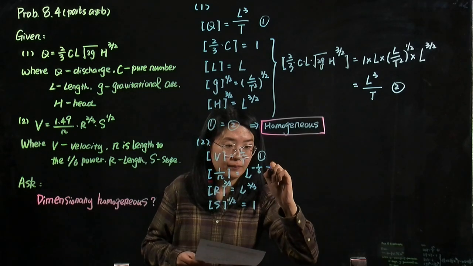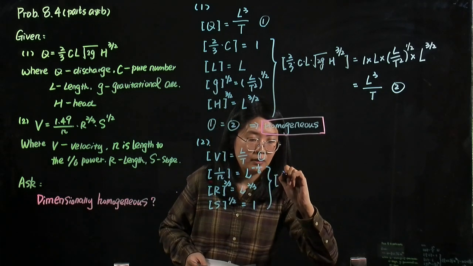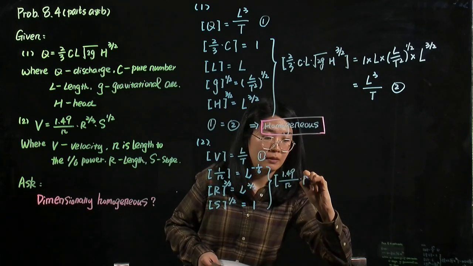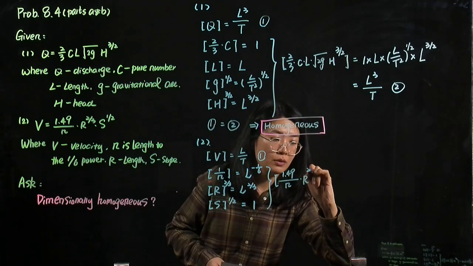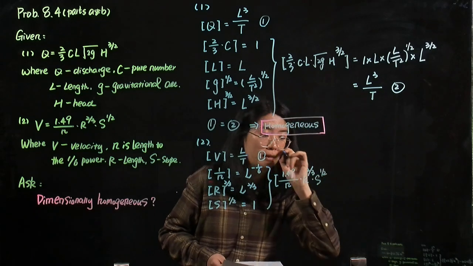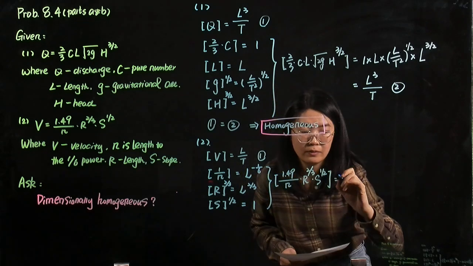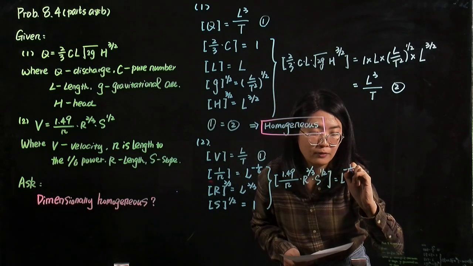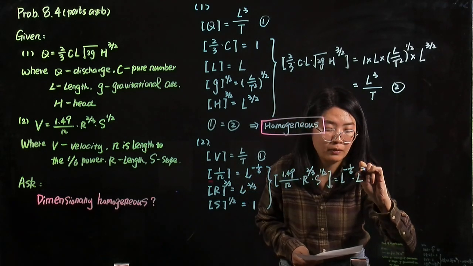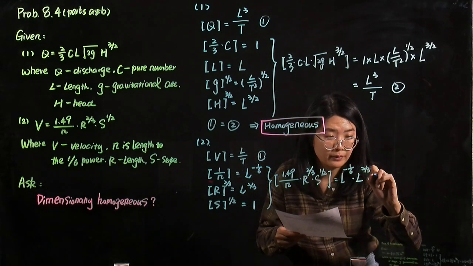If we combine these 3, we know that on the right-hand side, 1.49 over n times the length to the 2/3 times the slope to the power of 1/2 should equal L to the power of -1/6 times L to the power of 2/3 times 1, right?